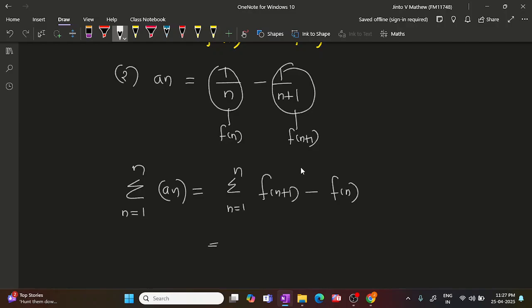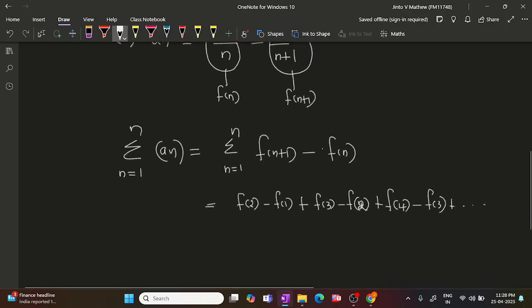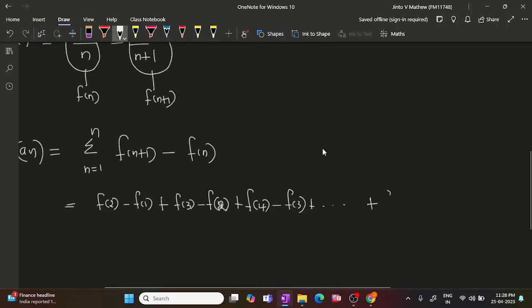If we put n equal to 1 to n, it is going to be f(2) minus f(1), plus f(3) minus f(2), plus f(4) minus f(3), etc. The last term is going to be f(n+1) minus f(n).